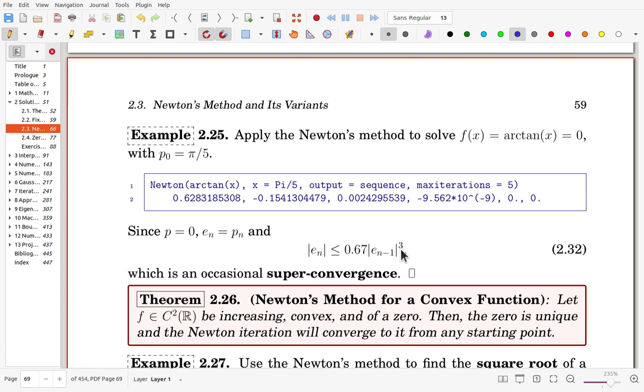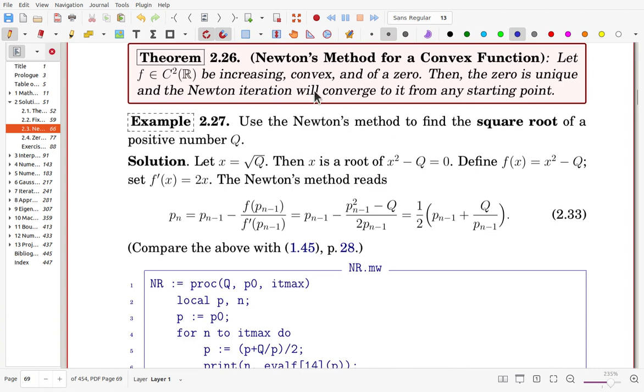The reason is that arctangent is symmetric. For some algorithms, once some symmetry is involved, they show some extra convergence. That is called super convergence. For this example, Newton's method converges with super convergence.